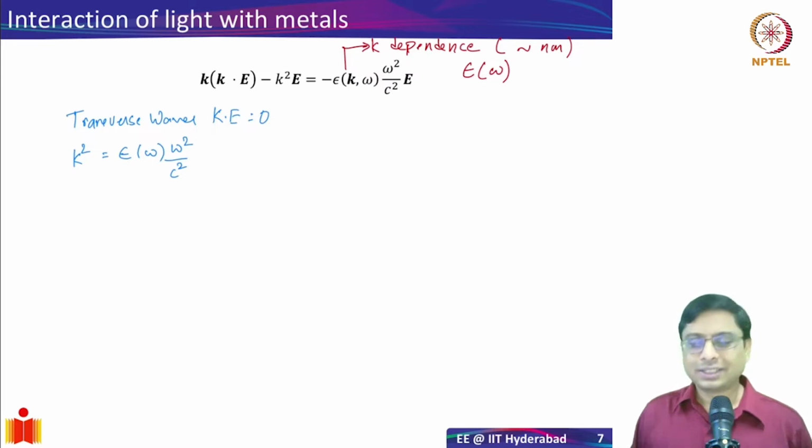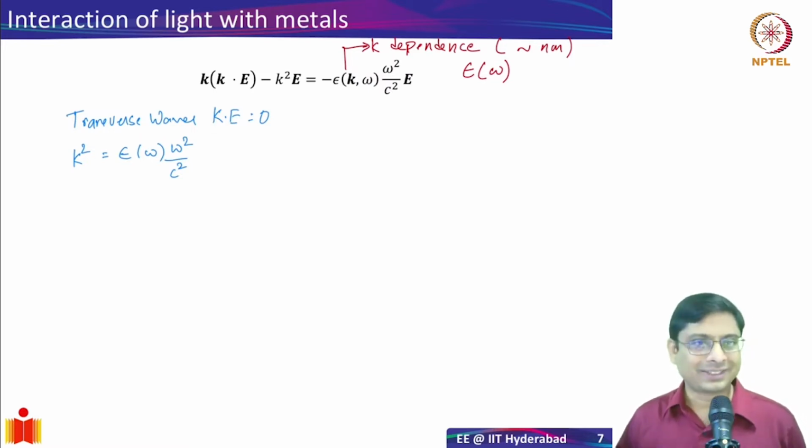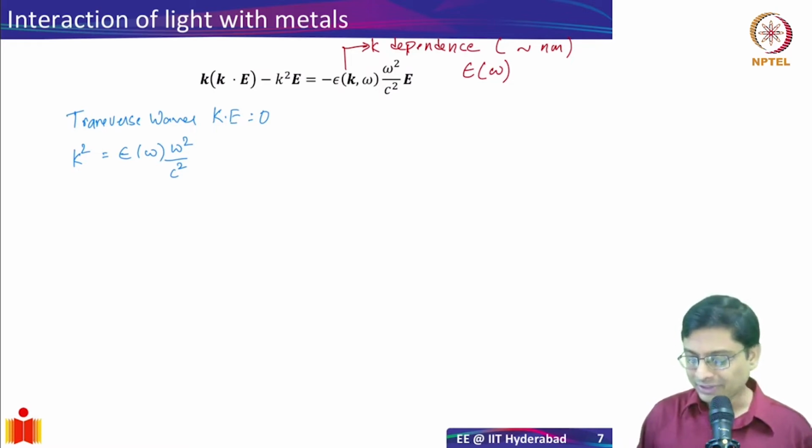As I said, plasmonics is the science of interaction of light with metals, right? And we know the metal's dispersion relation is given by 1 minus omega p square by omega square. I'm considering an ideal metal. So k square equals 1 minus omega p square by omega square, multiplied by omega square by c square.